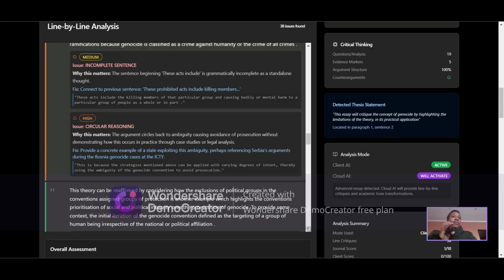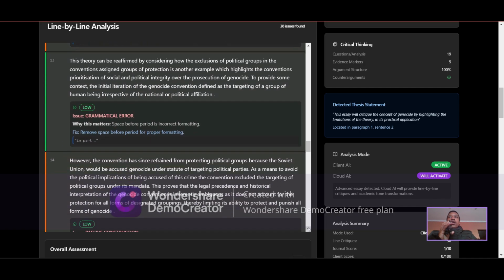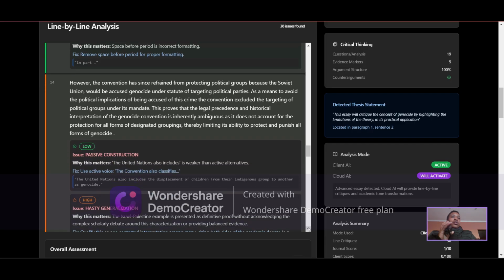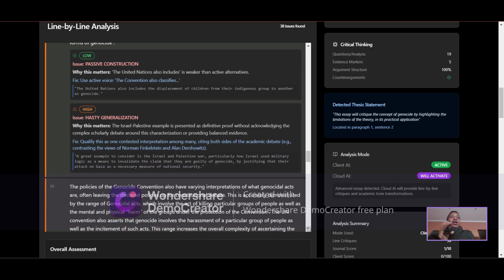I think this is what makes the difference between 65 and 73 and above for your essays. This is the difference. And like I said, we are looking for low priority stuff because that does affect your mark a little bit at the end of the day.